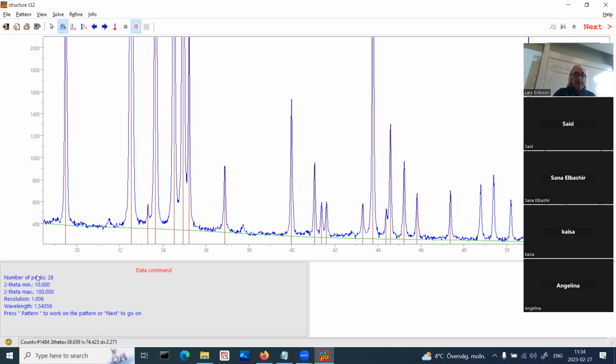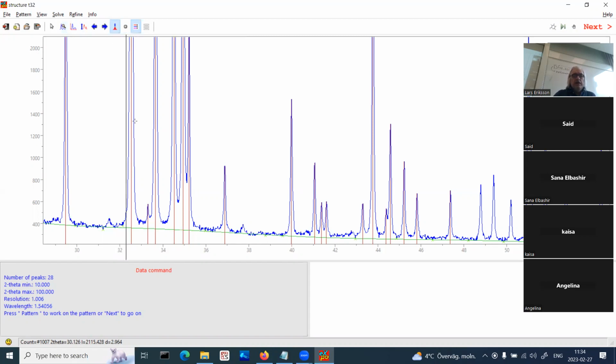Let's see, number of peaks it says down here 28, and those 28 peaks is okay, I would say. If you want to remove, say, weak peaks, I think one can do that with add peaks, left mouse, or delete peaks, right mouse.